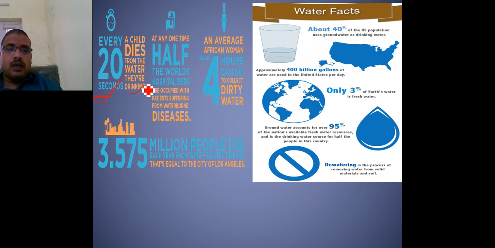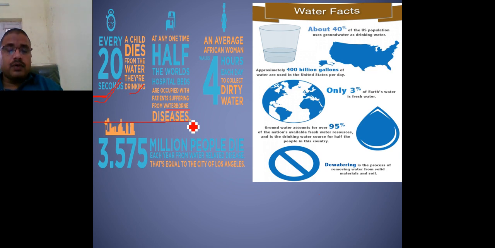At any one time, half the world's hospital beds are occupied by patients suffering from waterborne disease. Waterborne disease is another kind of disease.